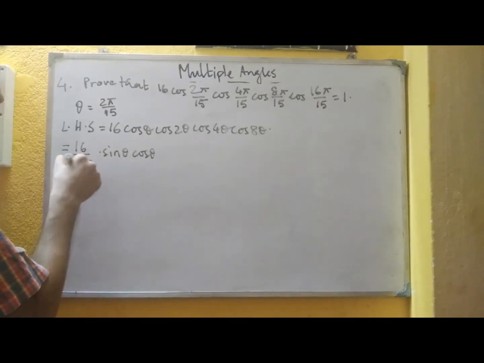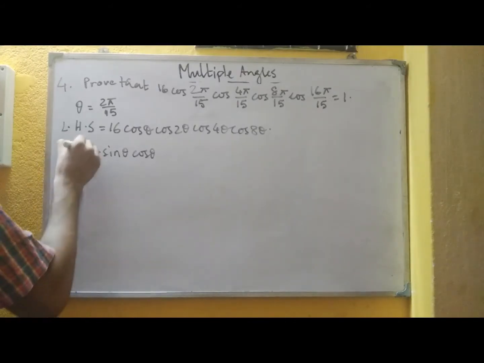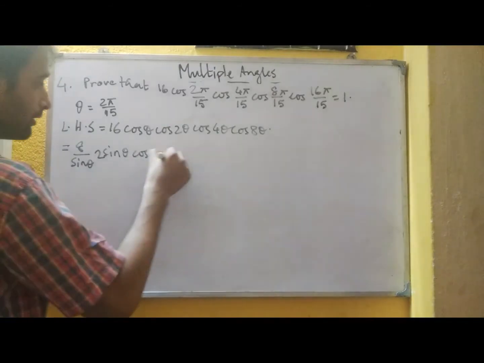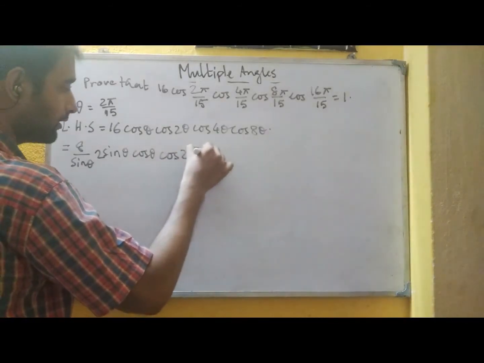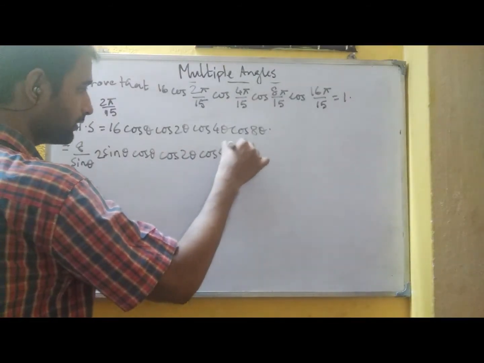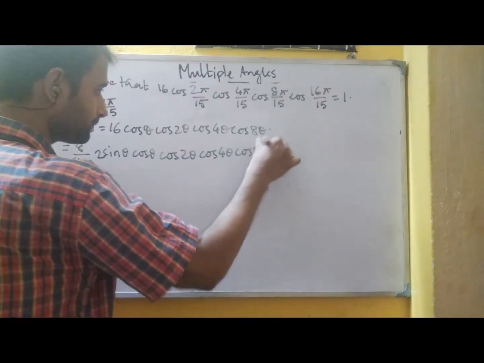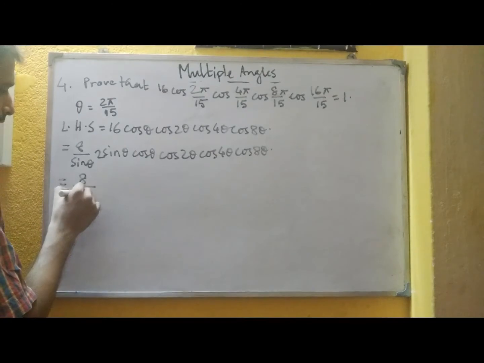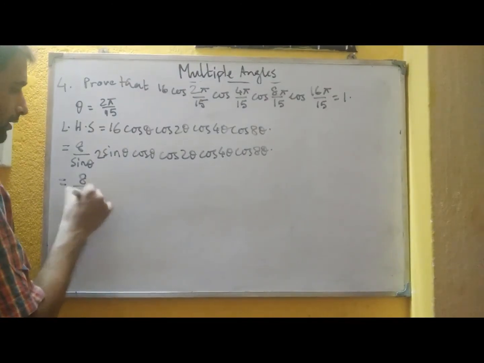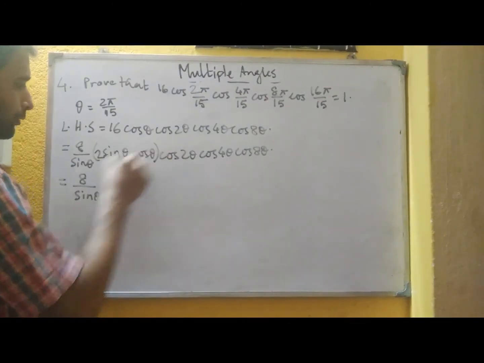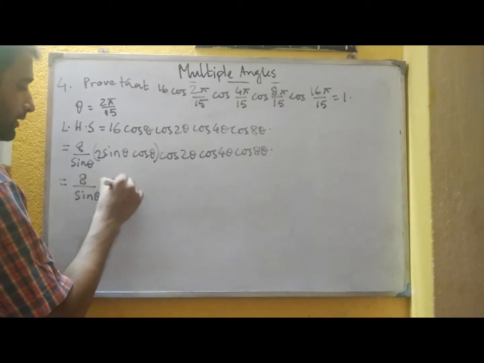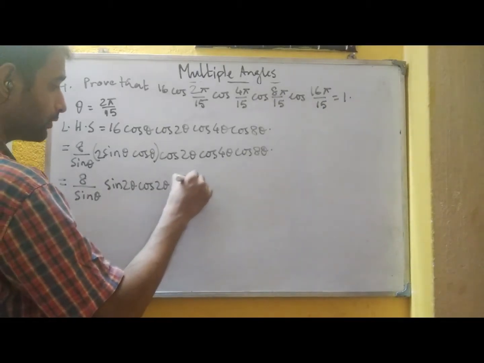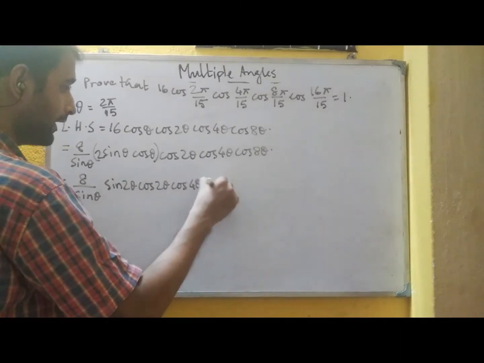And so that we can apply the formula, we are taking a factor 2 from 16. So then it is cos 2 theta, then cos 4 theta, then cos 8 theta. Now for the first terms, we can write the formula of sin 2 theta here. So it is simply sin 2 theta, then it is cos 2 theta, then cos 4 theta, then cos 8 theta.